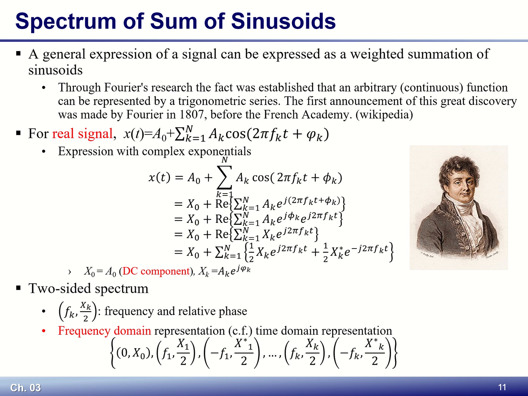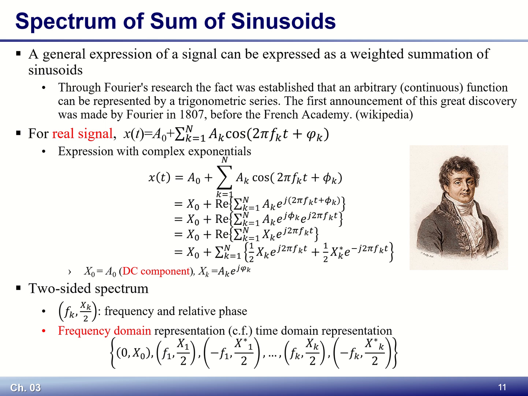For a real signal x(t), we assume that it is a summation of cosine functions. x(t) is a0 plus the summation, k is 1 to n, of ak cosine(2 pi fk t plus vk).